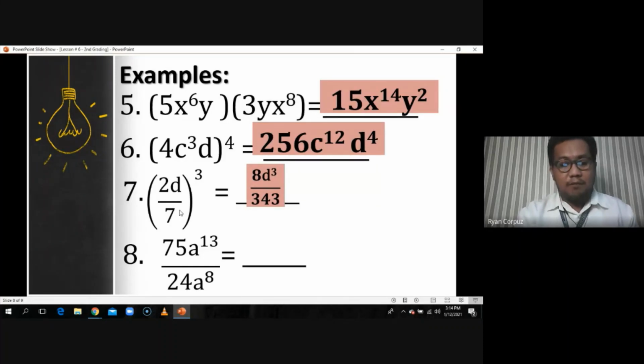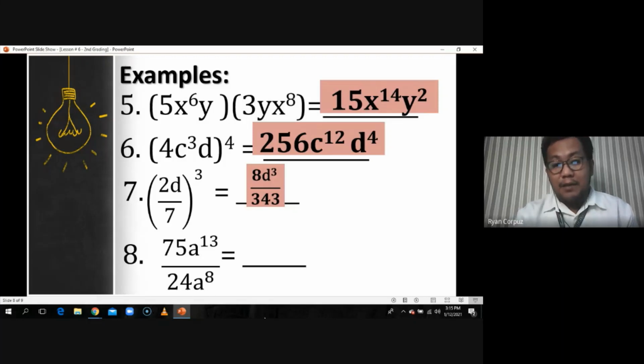Now, let's simplify the variable part. So on the variable part, you are here dividing expressions with same base. Diba? When you are dividing expressions with same base, you simply copy the base, then subtract the exponent. So, copying that base A, then subtract the exponent. What's 13 minus 8? So, 13 minus 8 is equal to 5. So, magiging A raised to 5 na lang.